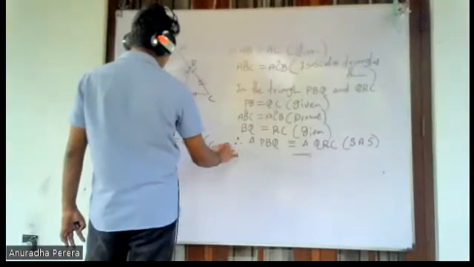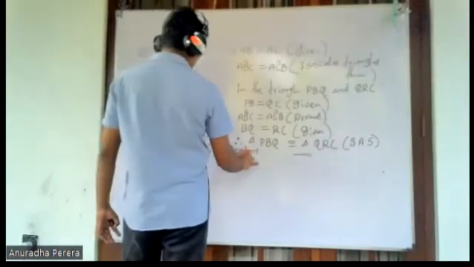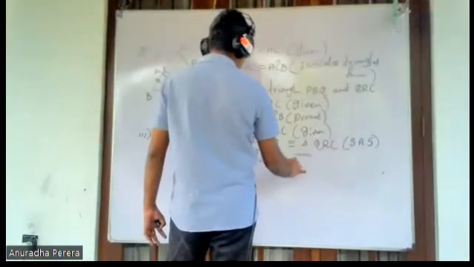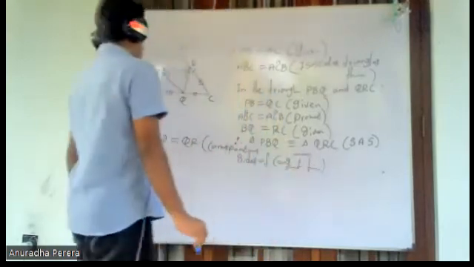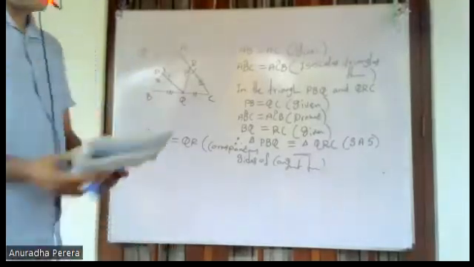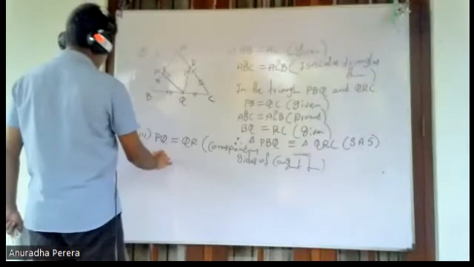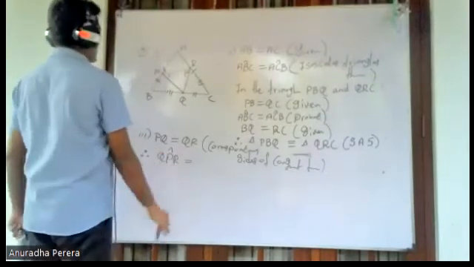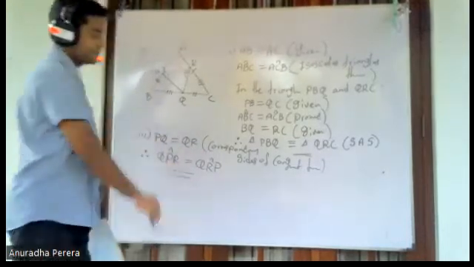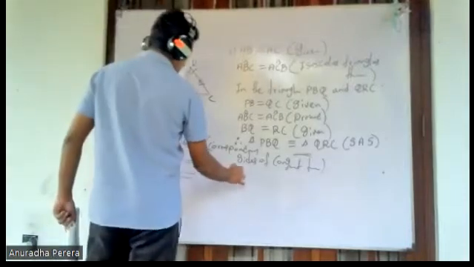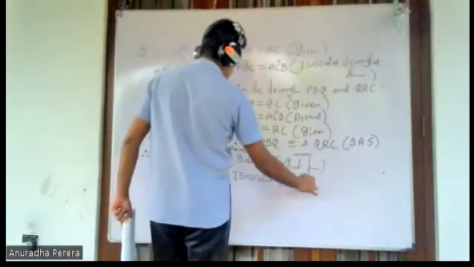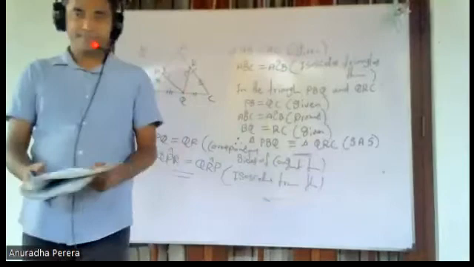Therefore, we can mention angle QPR equals angle QRP. The reason: isosceles triangles theorem.